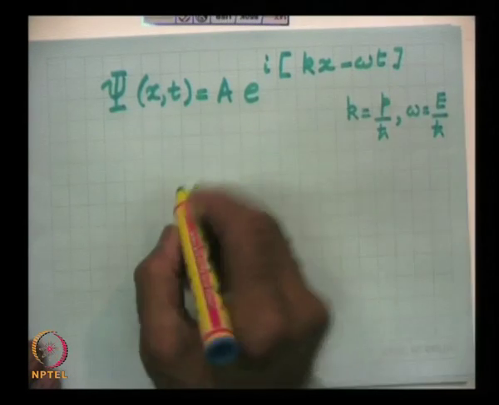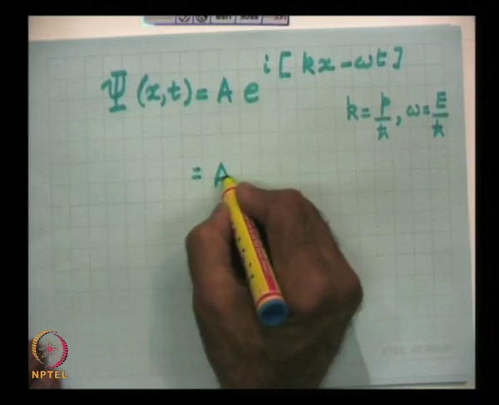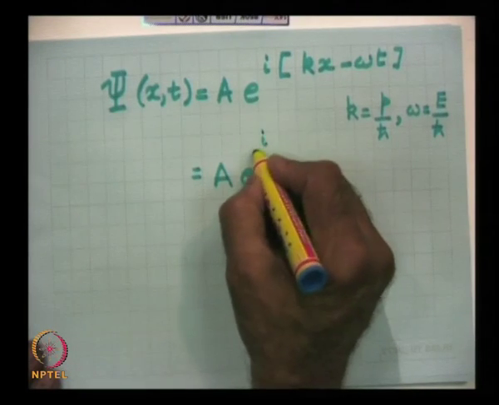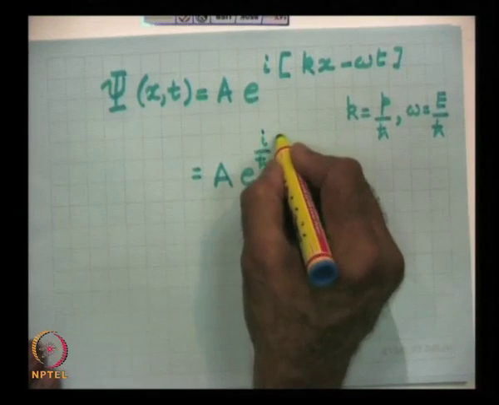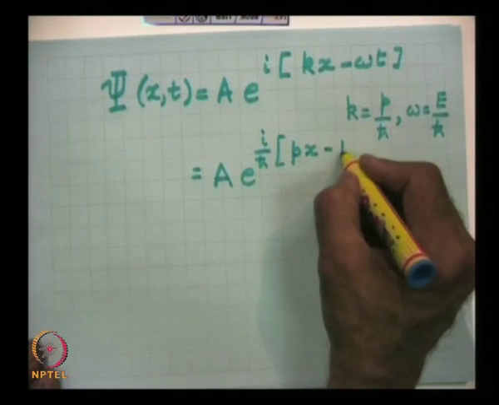So, I substitute this here and I get A e to the power of i by h cross (p x minus E t).